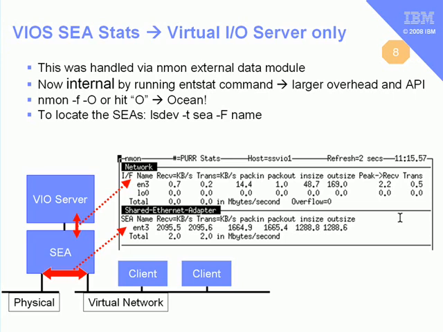This is why we have to use the entstat command to actually get this data. We switch this on with either the -O to put it into the file, or we hit O when we're looking at it online. And I thought C and O, O as in Ocean, is about as close as I could get for something that was obvious. The S key is already used for other reasons. nmon is actually running this command internally and capturing the data out of it, so there is a larger overhead.